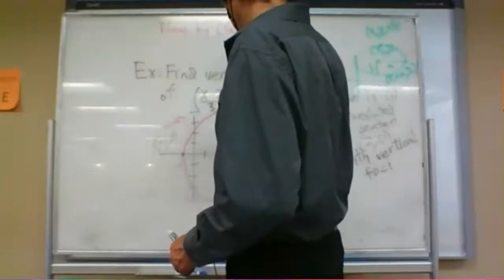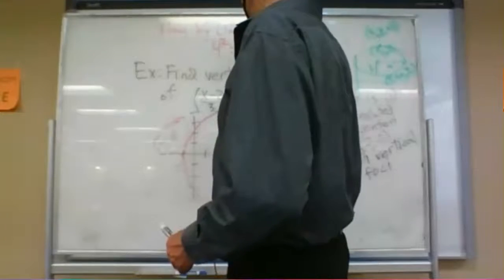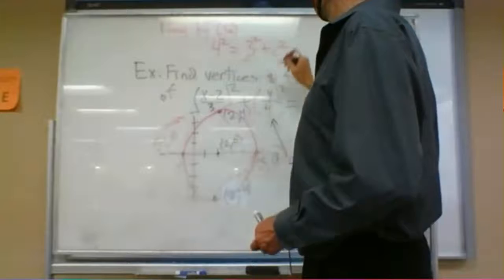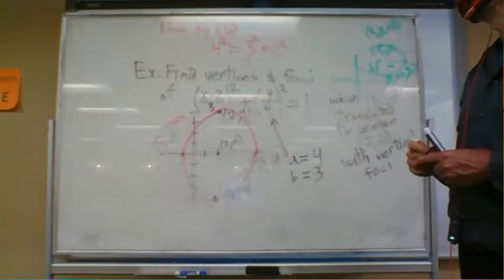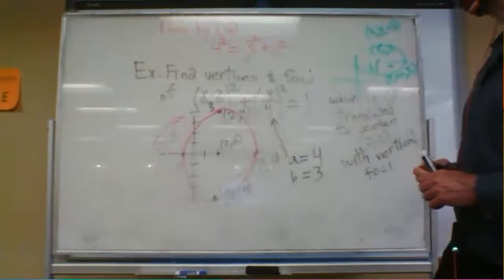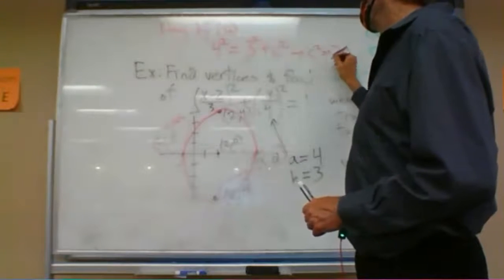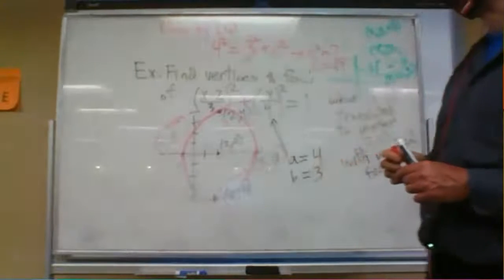So 4 squared equals 3 squared plus C squared. All right. So evidently, C squared is equal to 7. C must be square root 7. We always take C to be positive. It's the focal length.